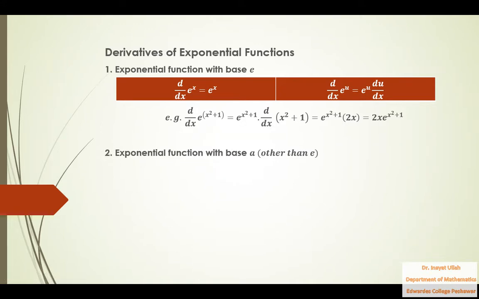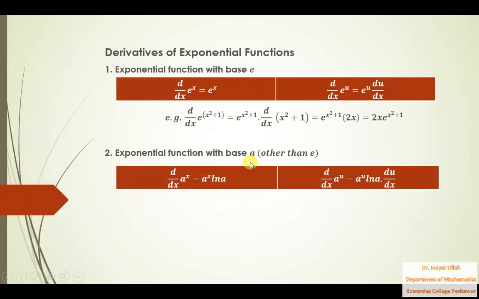Secondly, if there is an exponential function but the base is other than e, for example the base is 2, 3, 4, 5, etc., in this case the formula is just like that one. We see that the base of this exponential function is a, not e, so the derivative of a power x is the same a power x along with the natural log of the base, natural log of a.